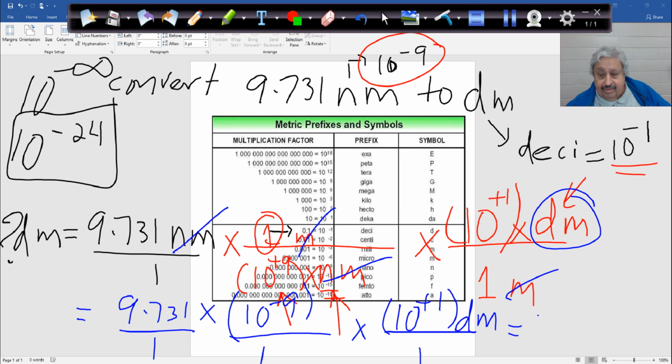So that will be 9.731 times 10 to the, this came out plus, this is minus, correct? That's plus here. Minus 9 plus 1, how much is it? 10 minus 8. And the unit is decimeter.